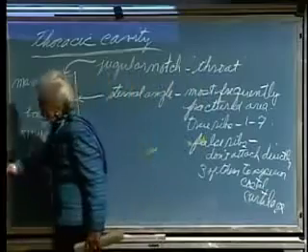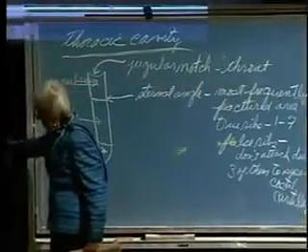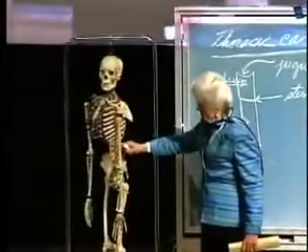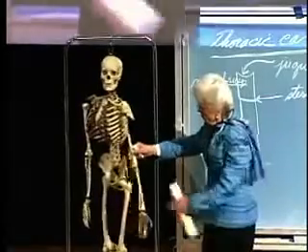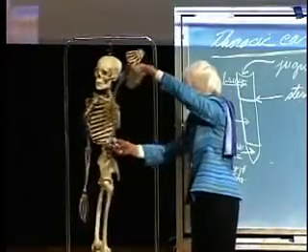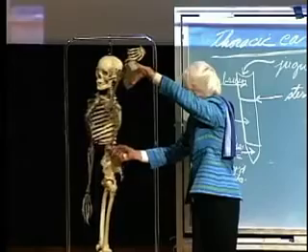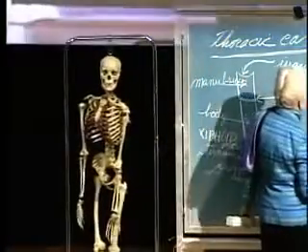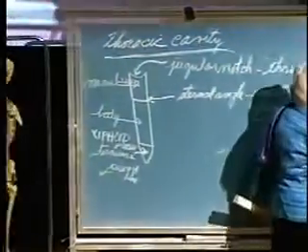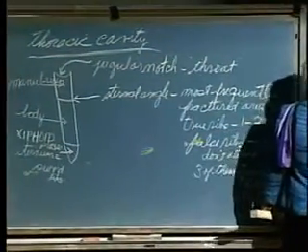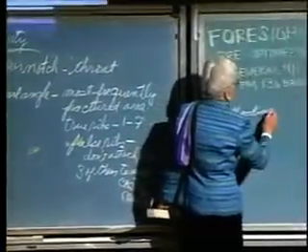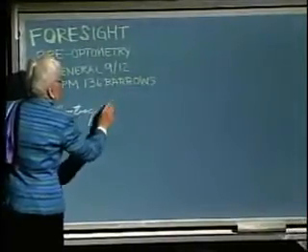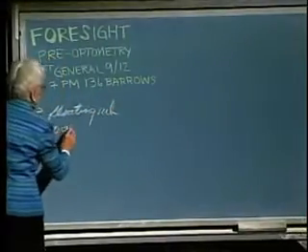And 2 of them do not attach anteriorly at all. They're called floating ribs. So we have 2 floating ribs, with no anterior attachment.